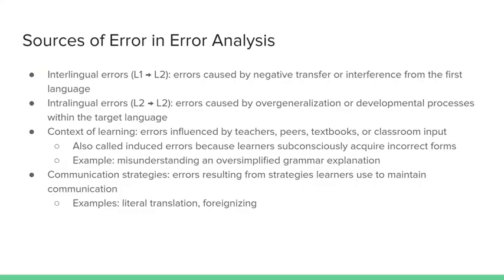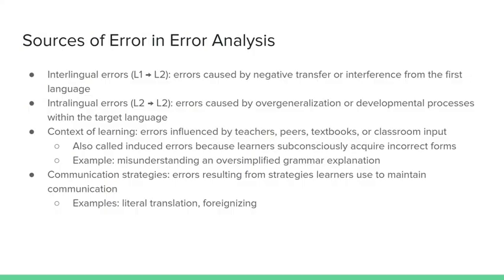Moving on to finally the communication strategies. Learners often, in fact, prioritize communication over accuracy. This is what comes up in communication strategies, where errors result from strategies learners use to maintain communication. So sometimes when you're in communication, especially when you're trying to practice your speaking skill, for example, your main focus rather is on communication, the fluency rather than accuracy, right?